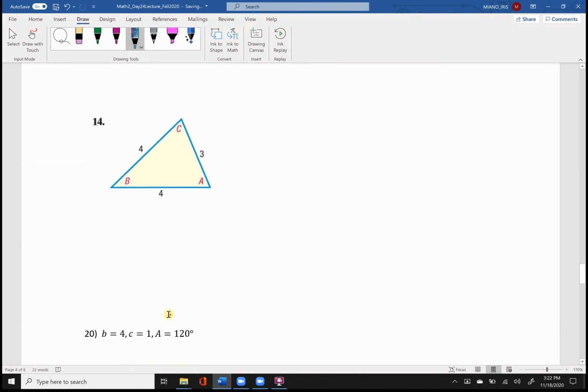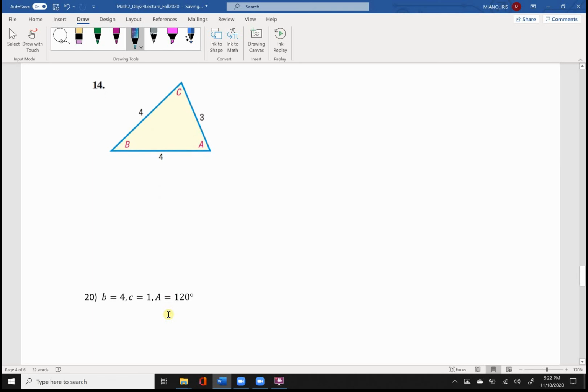Okay. Let's have another example, though, here for number 14, where we're referencing an actual triangle figure. And notice that what we are given is no longer 2 sides and an included angle, but all 3 side lengths. So whenever this is the case, and you're going to find its area, you first need to calculate that S value, okay? Which is 1/2 times the sum of all of the side lengths, okay?